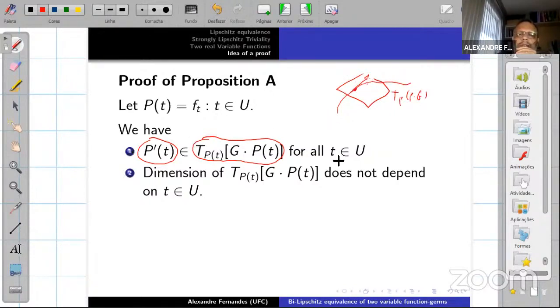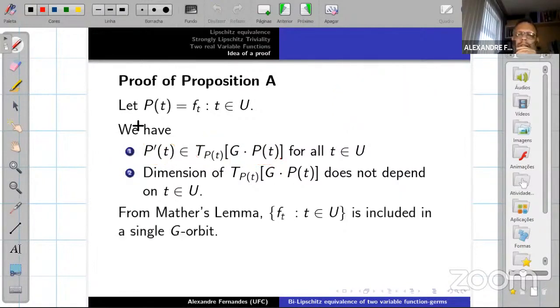This is our hypothesis. And the dimension of this does not depend on the point t. This is exactly what the mother lemma says to guarantee that all the path is in the single G orbit. This is a way to prove any two points in the path are analytically equivalent.